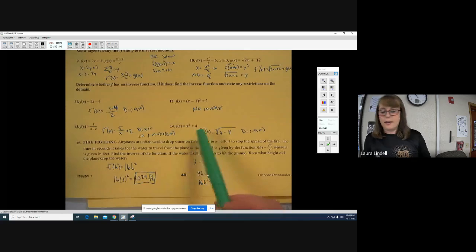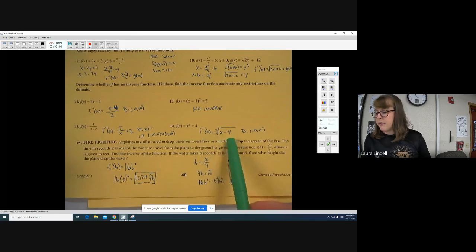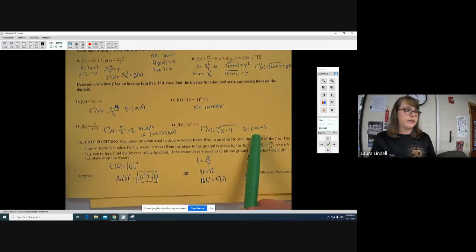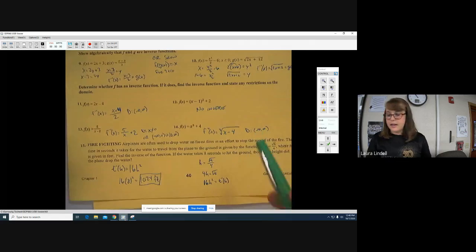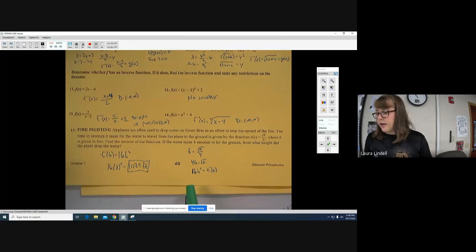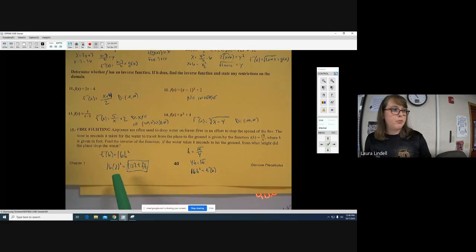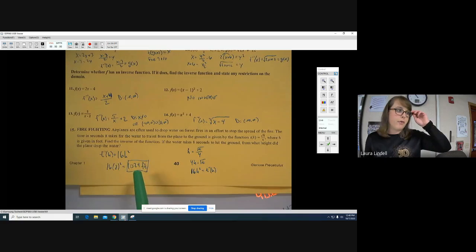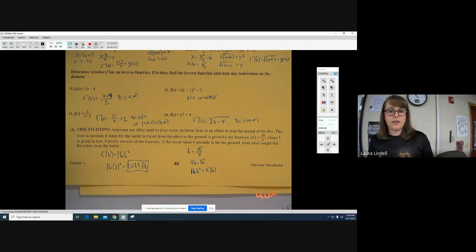And then 14, the inverse is the cube root of x minus 4, and there is no domain restriction there. And then lastly, to find the inverse, you switch h and t, and you get 16h squared is equal to the inverse. And so then you plug in 8, and you get 1,024 feet is the height of the plane, the height from which the plane dropped the water.